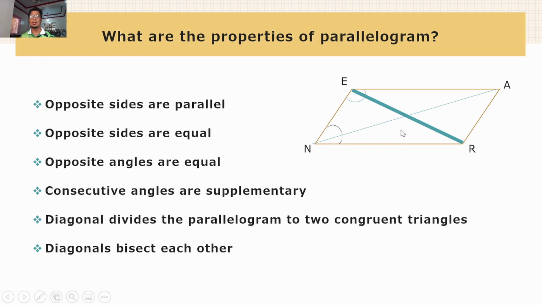So, if we have here now the diagonal, hinahati niya ang isa pang diagonal into two equal parts. So coming from N papunta rito, equal siya papunta rito hanggang A. In like manner, yung E papunta sa intersection is also have the same measurement mula po dito papunta dito sa R po natin. So these are the 6 properties of parallelogram na magagamit din po natin.